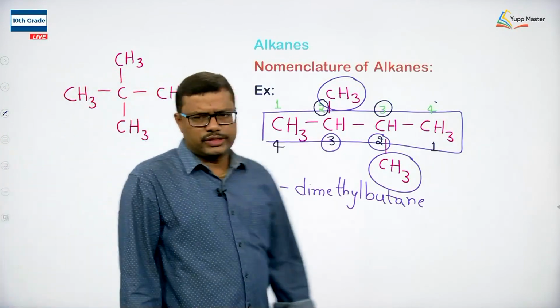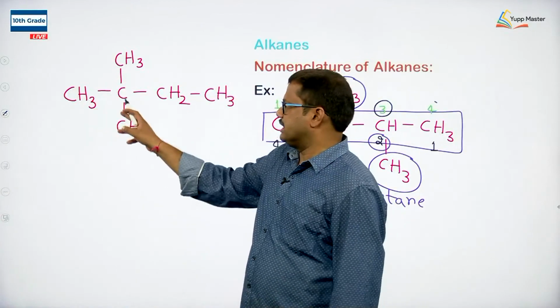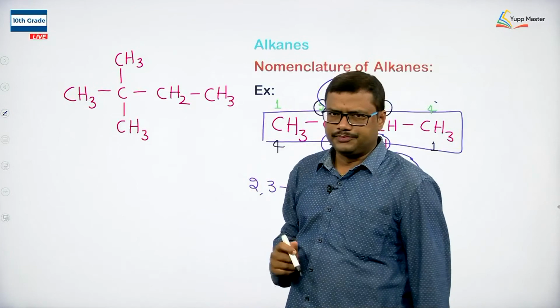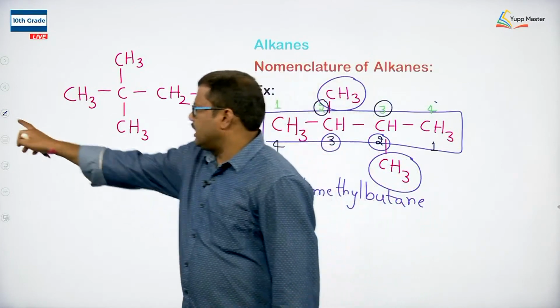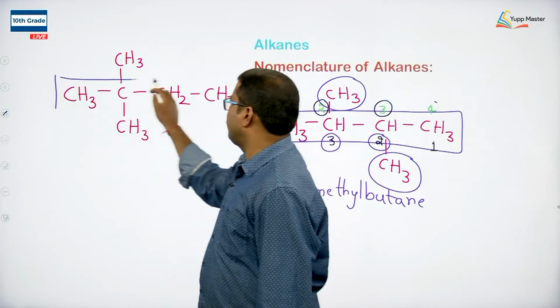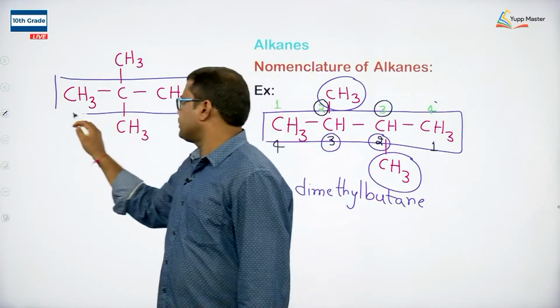So this is the situation now. We have CH3, a C attached to two methyls, CH3s, then CH2 and CH3. Now we have to select the longest carbon chain containing the maximum number of carbon atoms. So I am selecting the longest carbon chain.